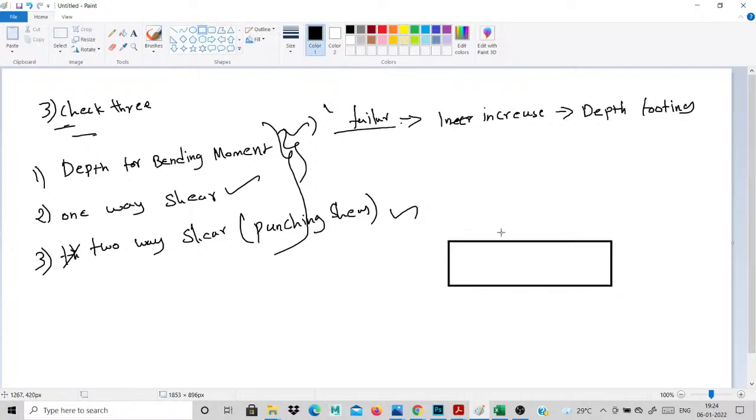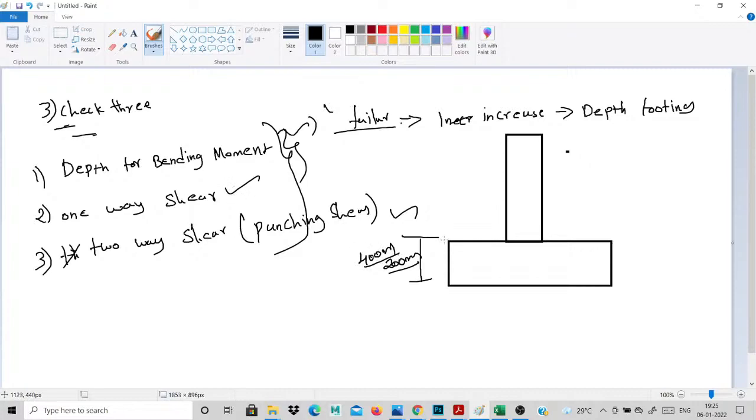See, this is our pedestal, then this is our column, and this is our depth, the overall depth of your footing. Suppose sometimes you get a failure in bending moment with a depth of 200. Increase the depth of your size also. I simply put 400, and it's automatically safe for your bending moment and others also.